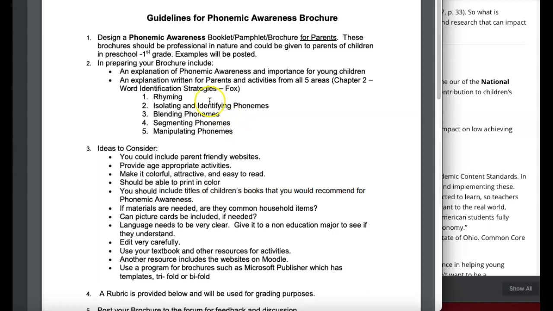So in other words, you're going to explain each of these strategies and then include activities under those explanations.